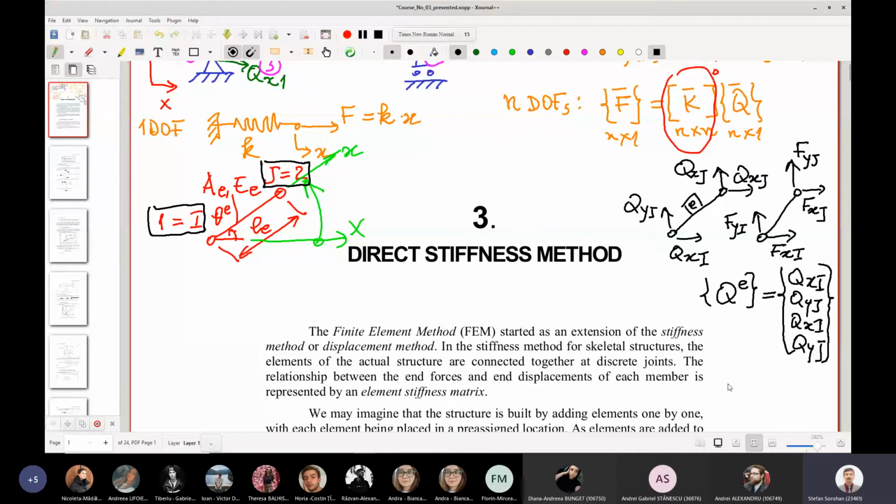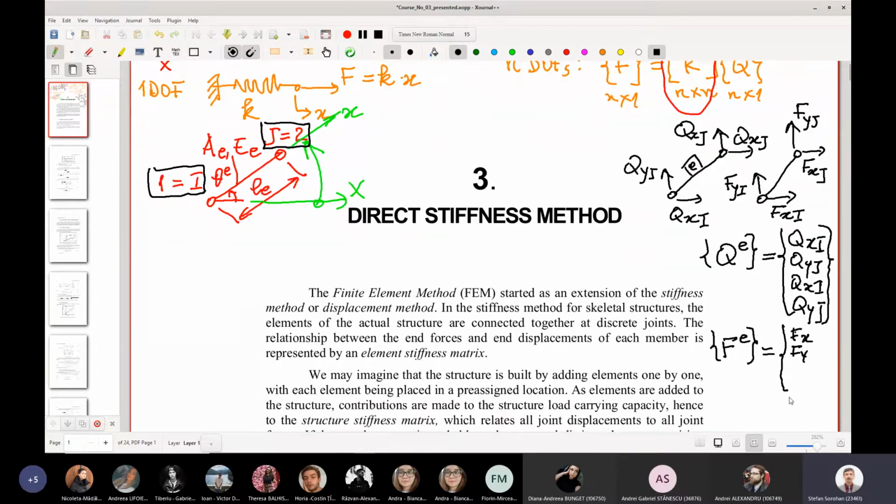And also we can define a vector of forces for an element, which will be Fx, Fy, Fx, Fy for the first node I and second node J.